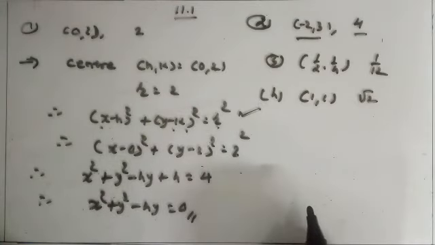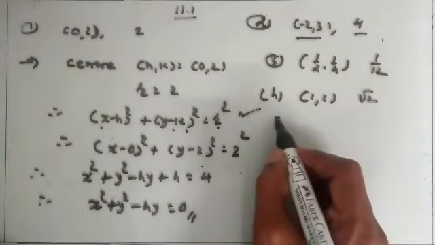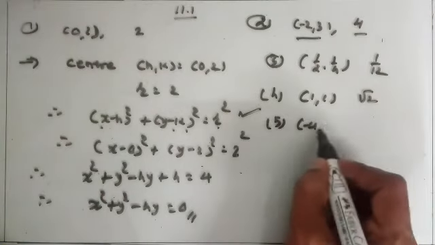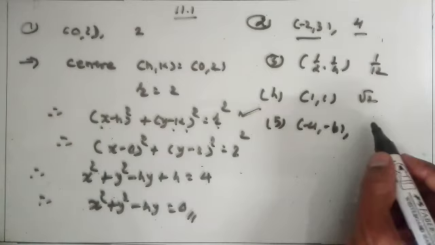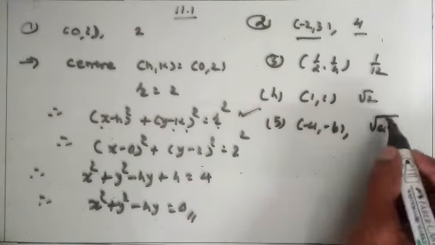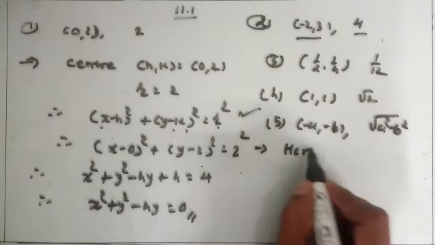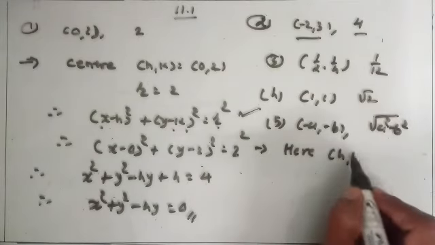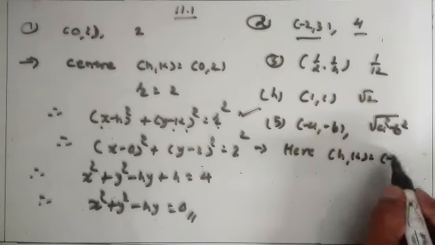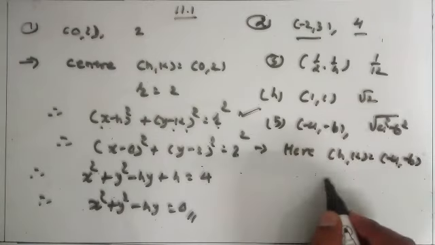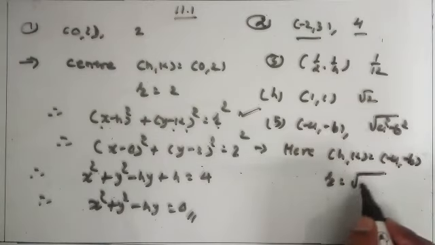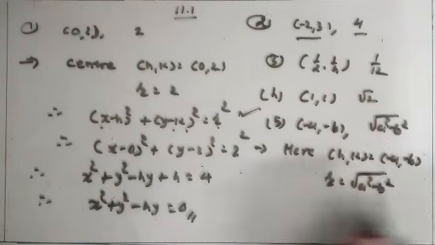In question 5 also the same, the center is given as (minus a, minus b) and the radius is equal to root of a square minus b square. Here the center (h, k) is equal to (minus a, minus b) and the radius r is equal to root of a square minus b square.